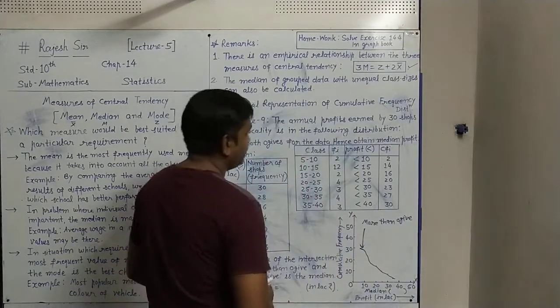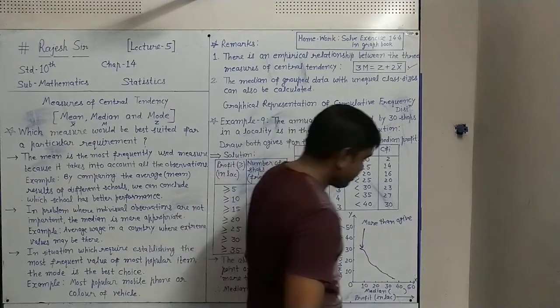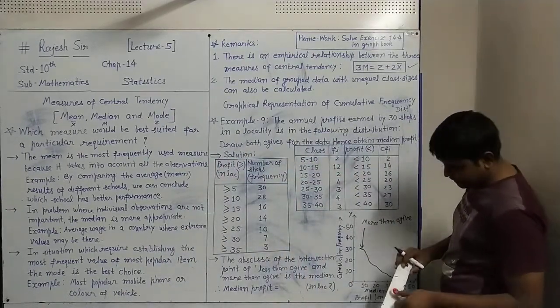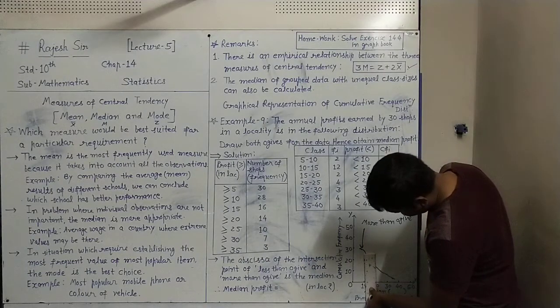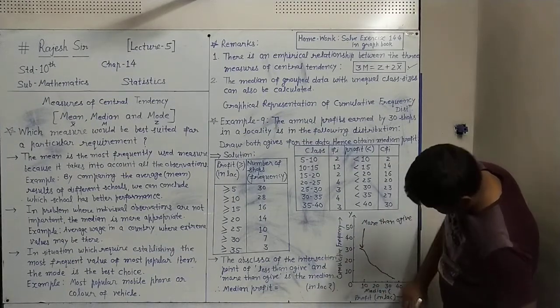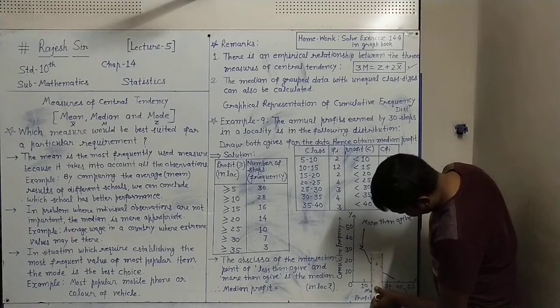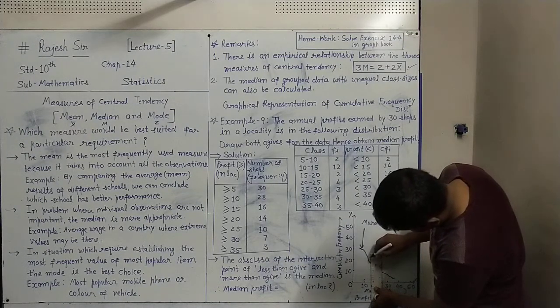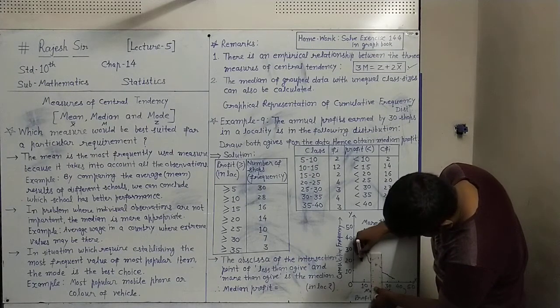So we will do the same now. For 10 it is 2. For 10 it is 2 means by measuring by exact value we keep here. 10, 2 means 10 and 2. This is the point. First one. Then 15, 14. 15 and 14 means between 10 and 20.